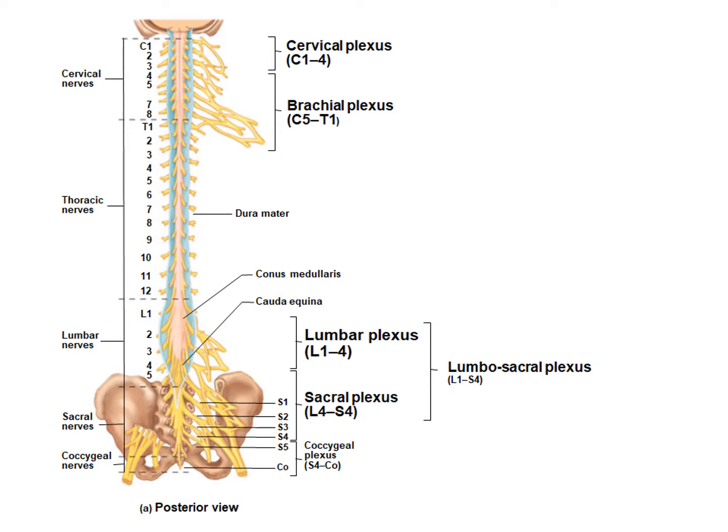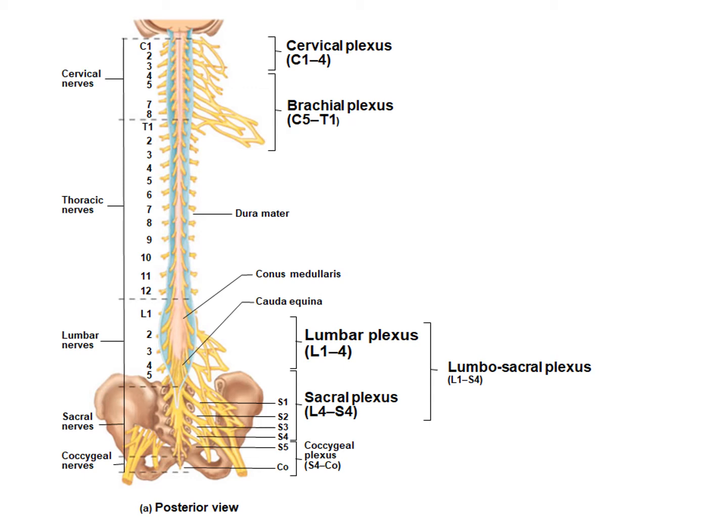Now, we'll get into the details of the names of some of these specific nerves as we look at the cross-sectional anatomy of the spinal cord. But once a nerve emerges from the vertebral canal, nerves from many different segments of the spinal cord will branch and merge with other nerves from different segments of the spinal cord.